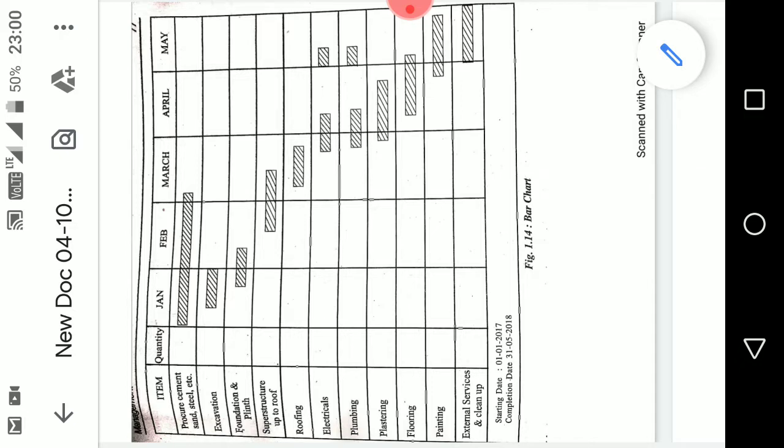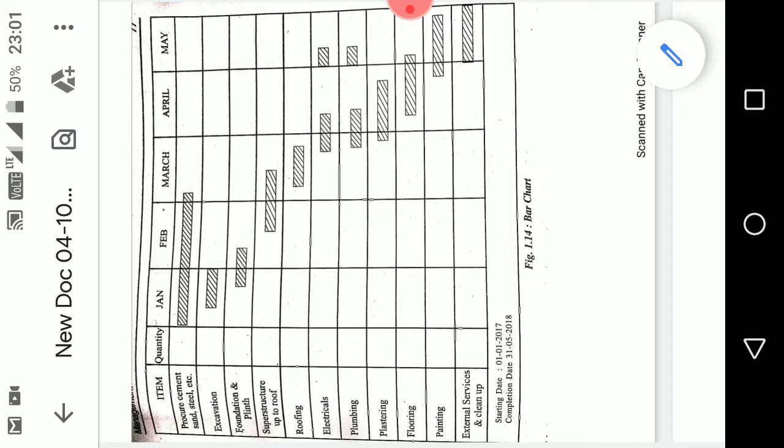Each bar represents one specific job or activity of the project. The beginning and end of each bar represents the time of start and time of finish of the activity, and the length of each bar represents the time required for the completion of that particular job or activity.